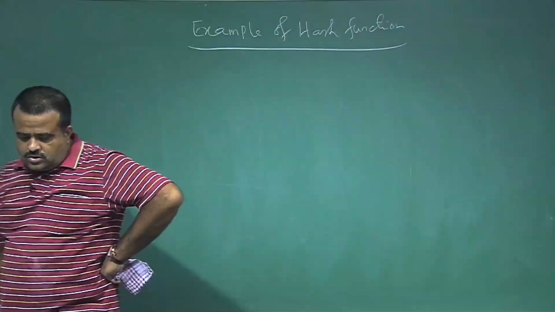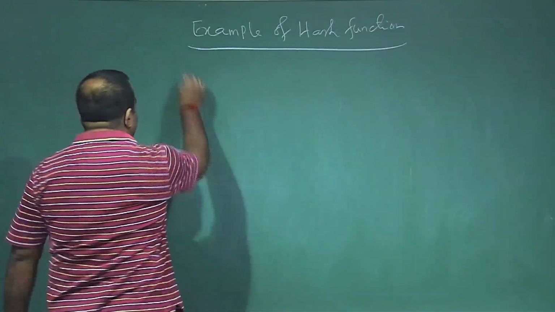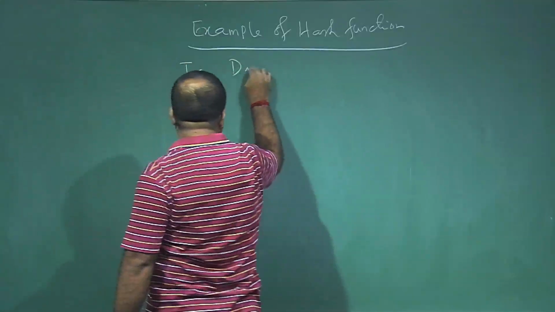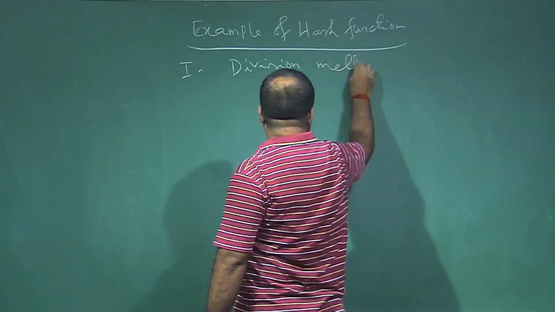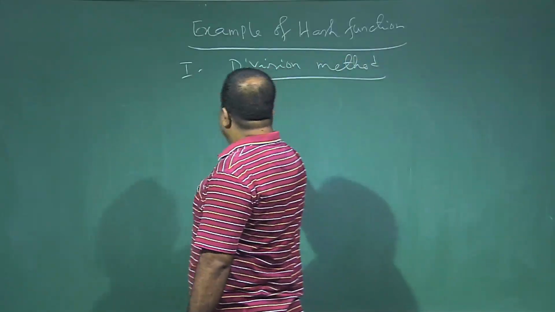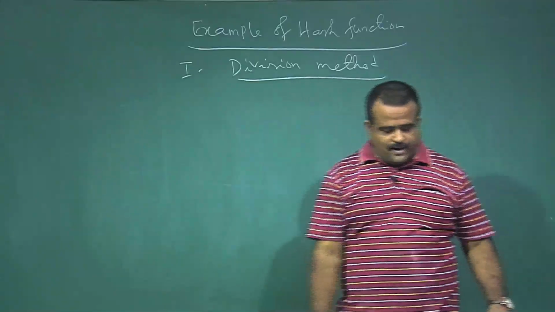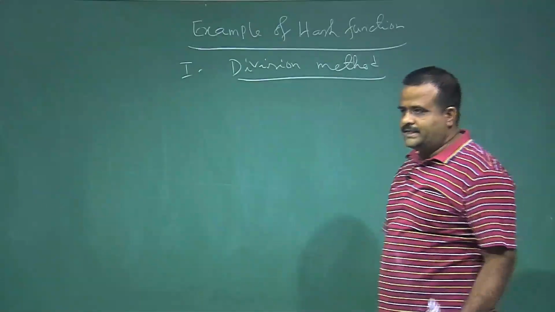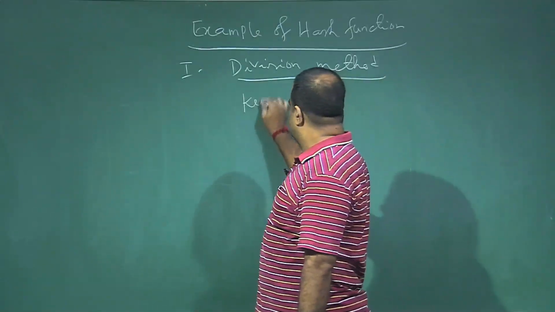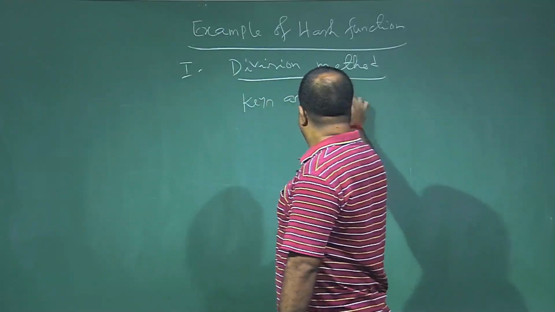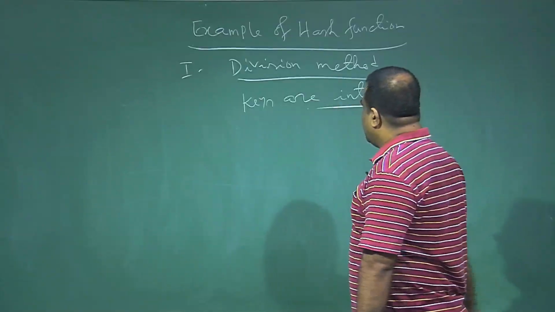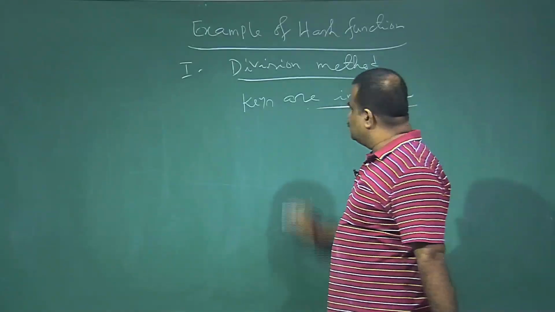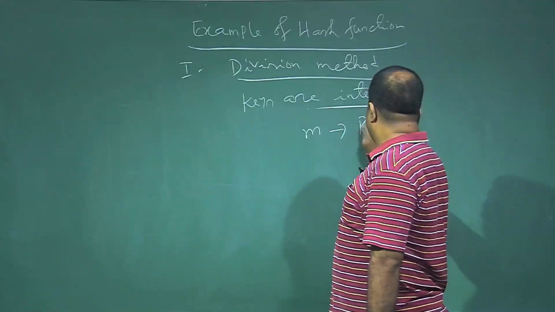Okay, so the first method we will discuss is called the division method. Suppose our keys are integers, and our table size we choose m, usually we choose m to be prime.